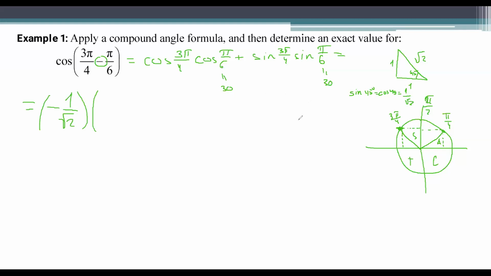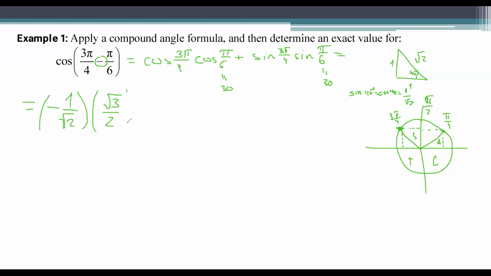cosine of 30 degrees. Does anybody remember cosine of 30 degrees? Cosine of 30 degrees is how much? Any suggestions? Do you remember the table? Cosine of 30 degrees would be square root of 3 over 2.